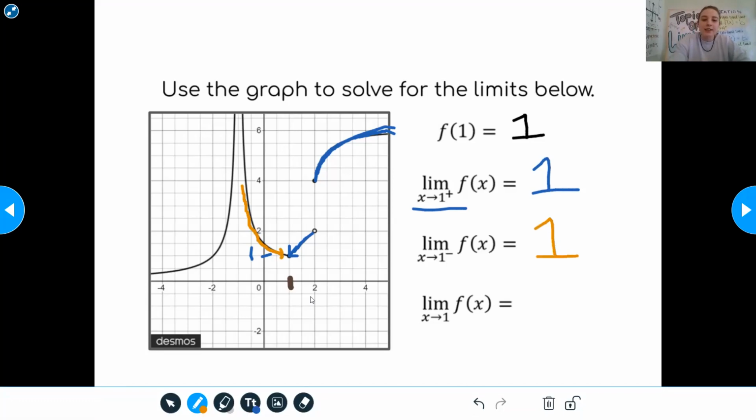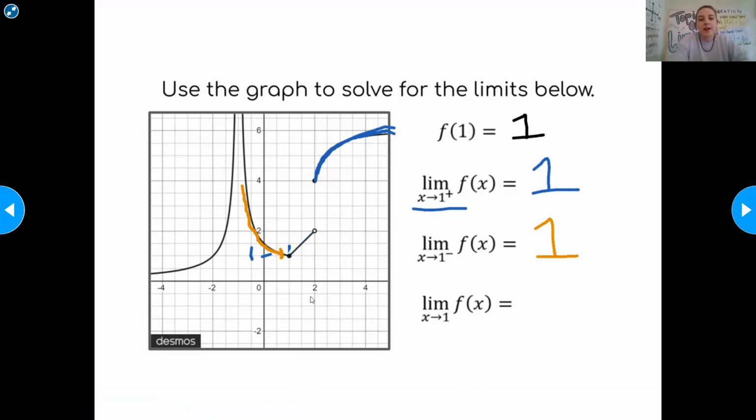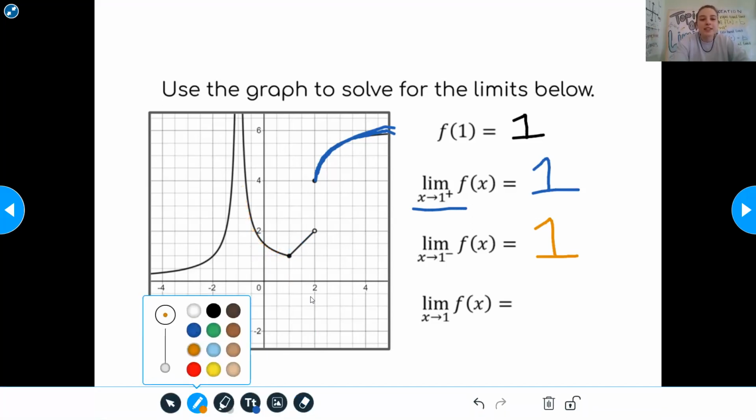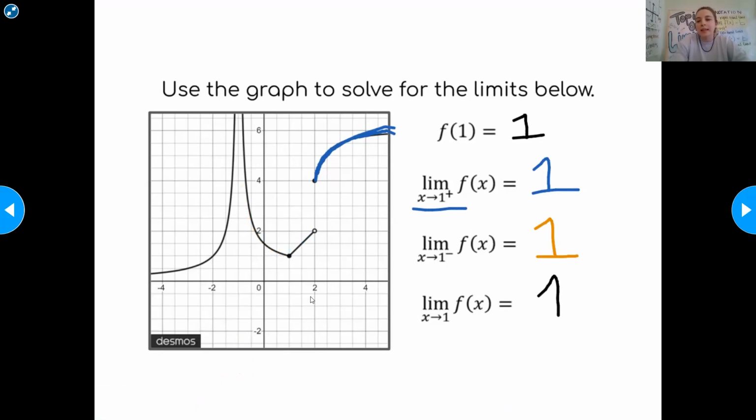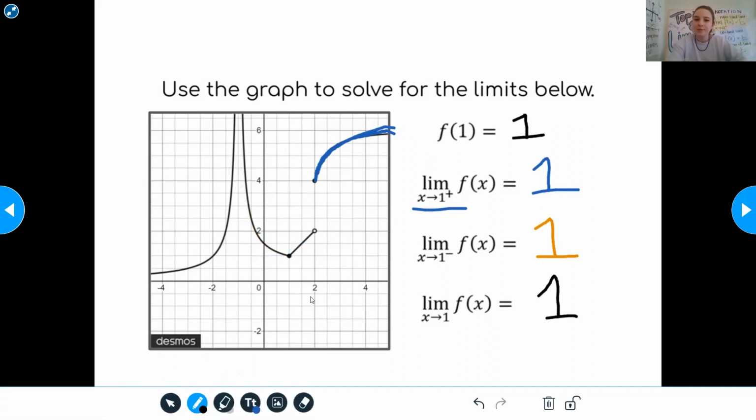And now that we've gotten to the general limit, we can use some of our essential knowledge. So we know that the right-hand limit is 1 and the left-hand limit is 1, which means the general limit has to also be equal to 1. And you may notice that f of 1, the right-hand limit, the left-hand limit, and the general limit are all equal to 1.